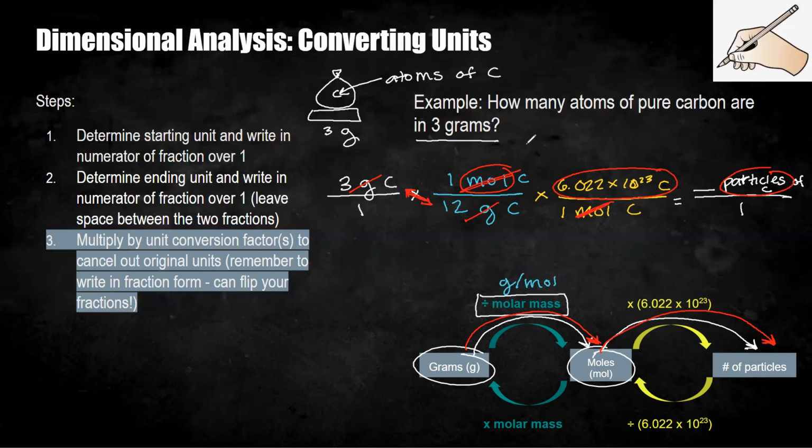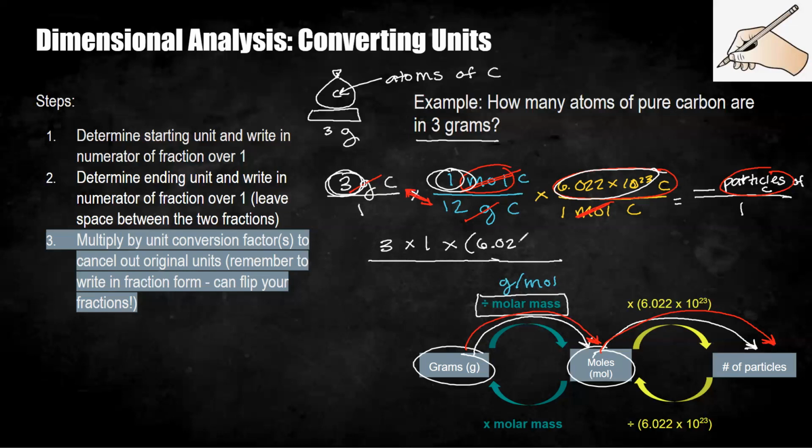So now all I have to do is simply multiply across the numerator and the denominator to get my final answer. I've canceled out units of measurement, but what I have not canceled out are these numbers here. If I were to put these together in one fraction, I would have 3 times 1 times 6.022 times 10 to the 23rd.